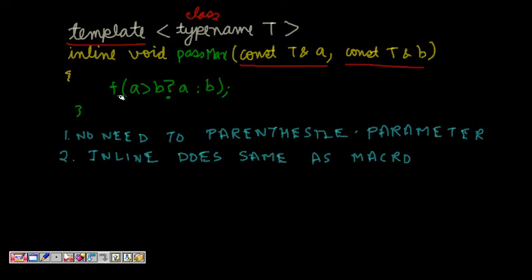Then f, and if a is greater than b I call a, or b otherwise. This is the same as the previous code, but it can handle the types more comfortably because it is a C++ template.